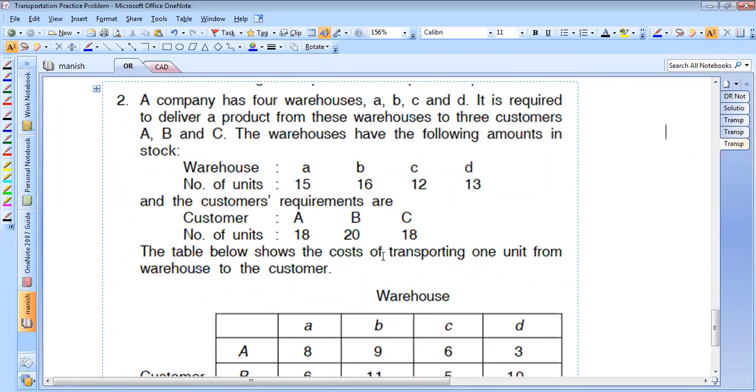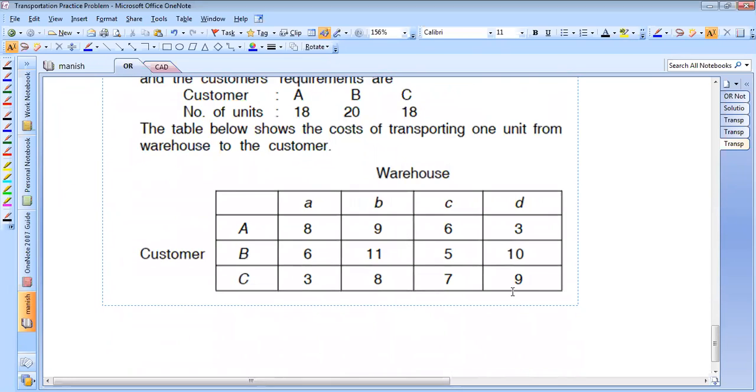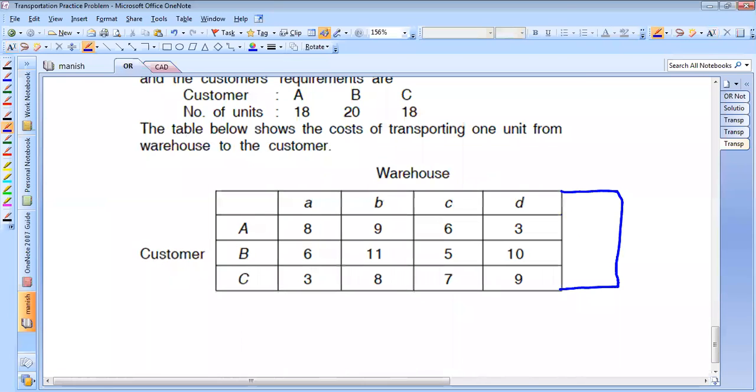So the table shows the cost of transporting one unit from warehouse to customer. So these are the transportation costs. What we need to do here is simply in this table we will add one column, and again we will add one row which is called demand.